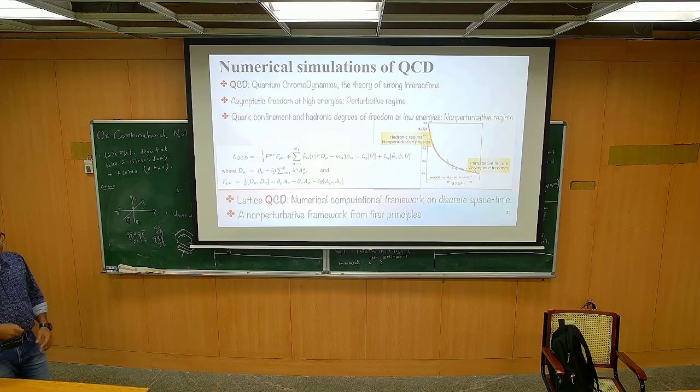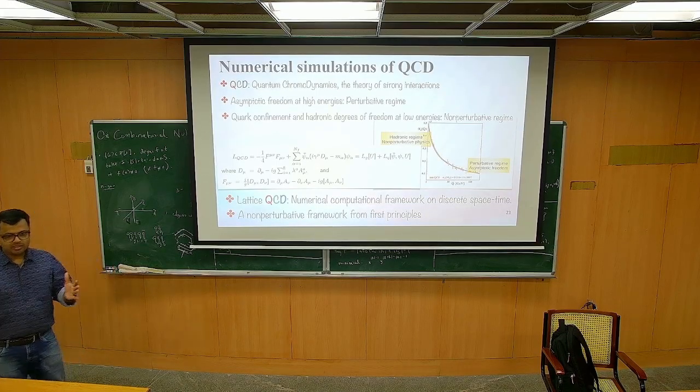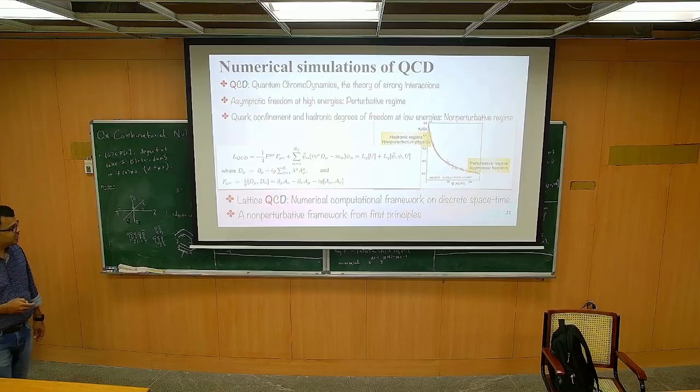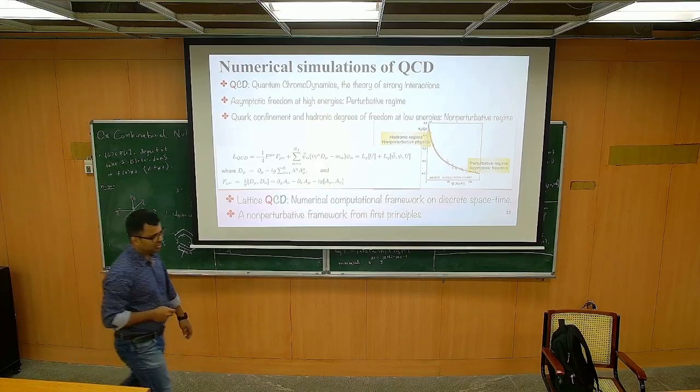While at low energies, where you and I live, we cannot use standard perturbation theory, and you have to go for non-perturbative approaches. In this regime, we have only some effective degrees of freedom that come out of some fundamental degrees of freedom, which simply don't add up to the total effective degrees of freedom. So you have to use non-perturbative procedures, and that is what lattice QCD does.